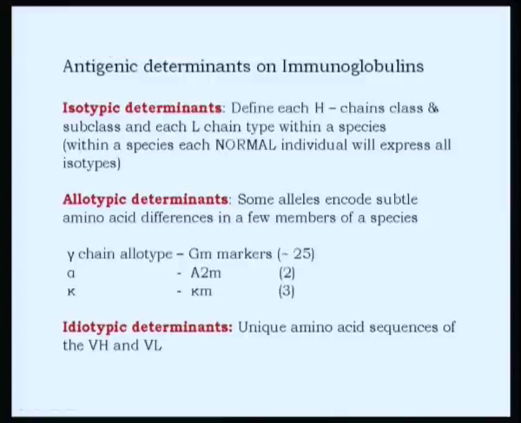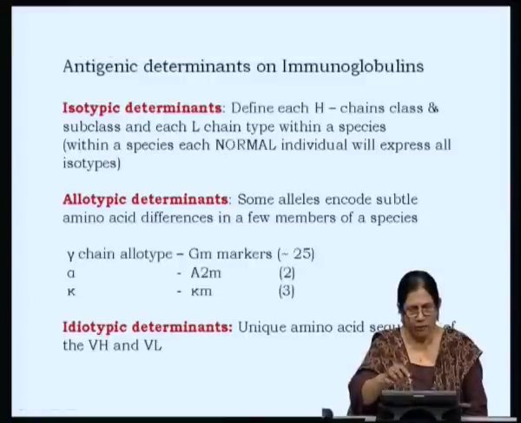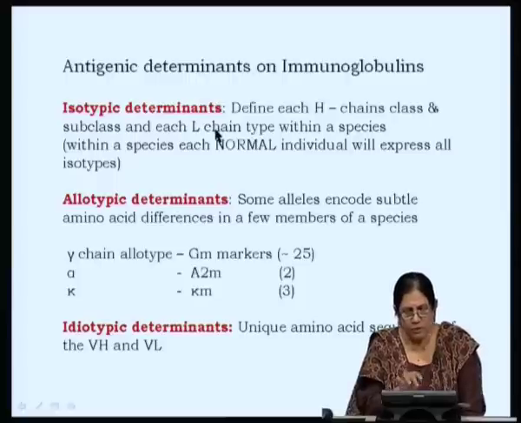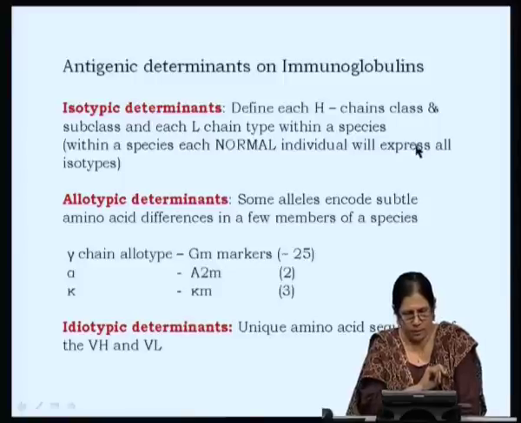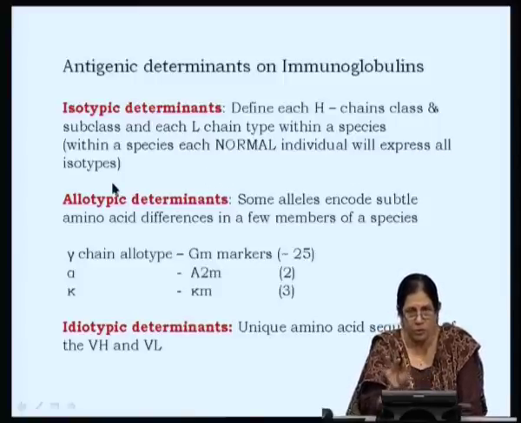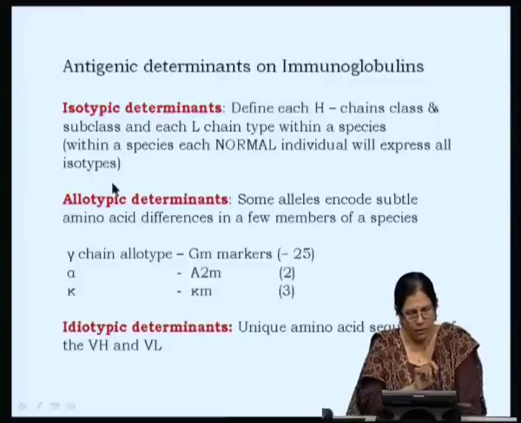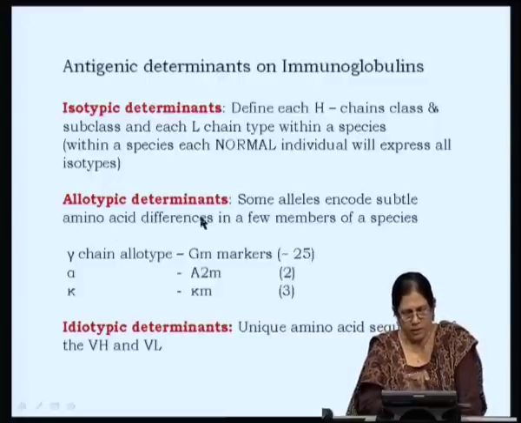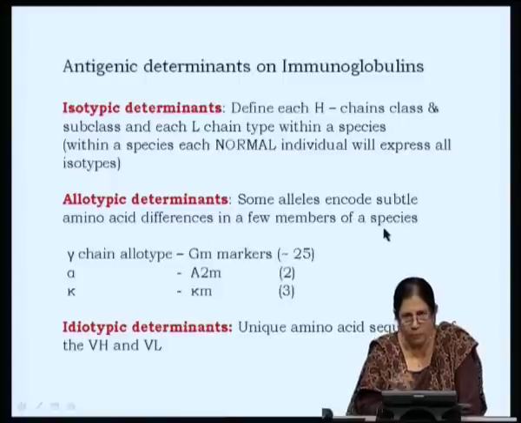So, just to go over the antigenic determinants on immunoglobulins, you have isotypic determinants which define each heavy chain class and subclass and each L chain type within a species. Within a species, each normal individual will express all isotypes. This is important. However, allotypic determinants, some alleles encode subtle amino acid differences in a few members of a species.